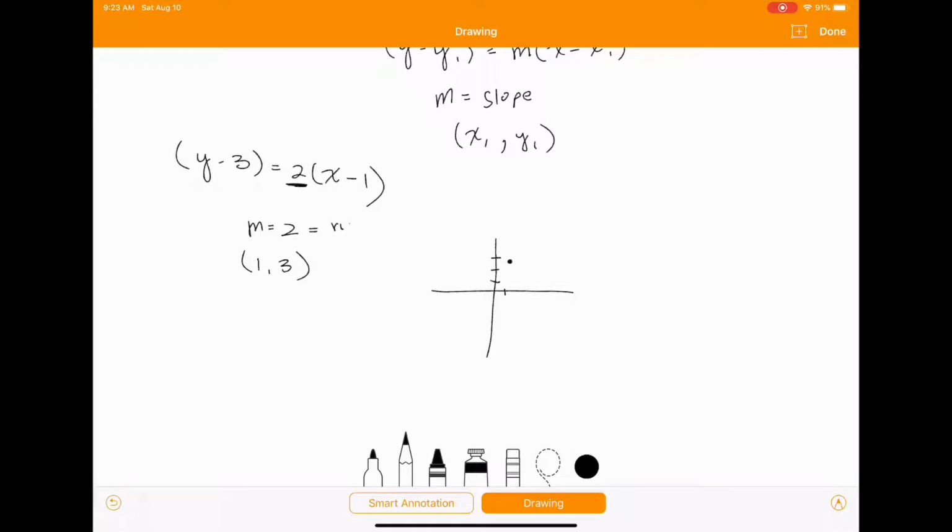So this is rise over run. So we're going to go up 2 and right 1. Plot that point. And we'll have an equation that looks like that.